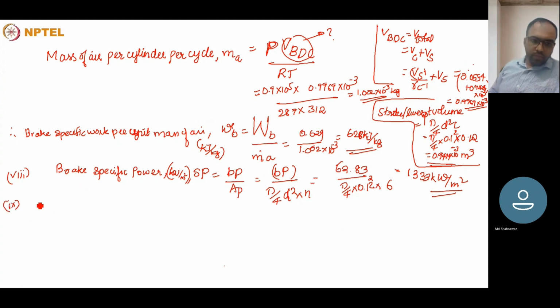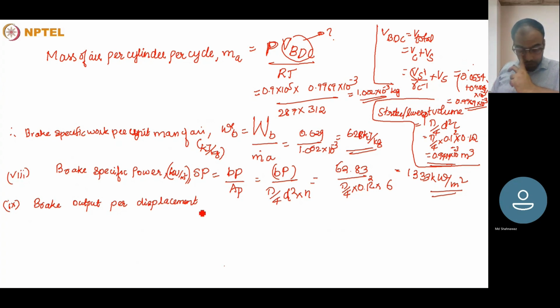So the brake output per displacement is the ratio of the brake power divided by the stroke volume.